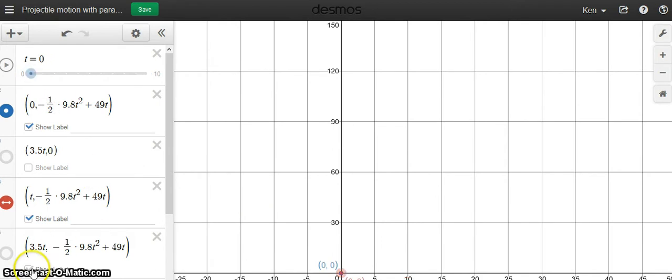Instead of doing that, let's put horizontal distance against vertical distance. Watch what happens with the ordered pairs. There's our familiar parabola for x comma y.